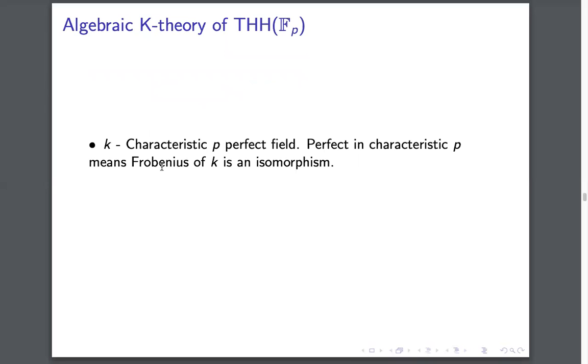Okay, so now I can start the statement of our results. On the title, I say algebraic K-theory of THH of Fp, but we actually work in the more general situation of a perfect field rather than just Fp. So we work with a perfect field k. From now on, k will always denote a characteristic p perfect field.